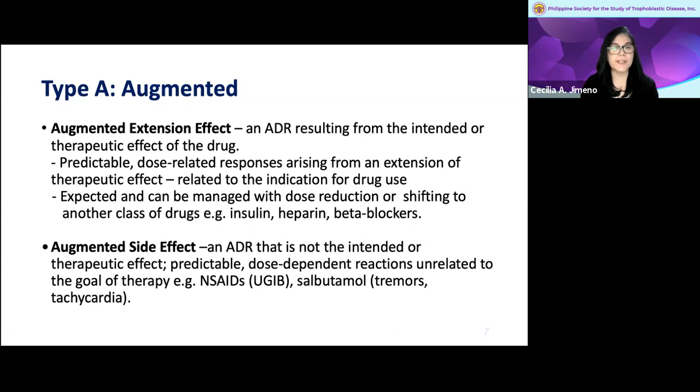Now, the augmented side effect, on the other hand, is an ADR that is not the intended or therapeutic effect, but can still be explained by the mechanism of action of the drug. It's again predictable and dose-dependent, but it's unrelated to the goal of the therapy. For example, with NSAIDs, their main mechanism of action has to do with inhibiting the COX enzymes.